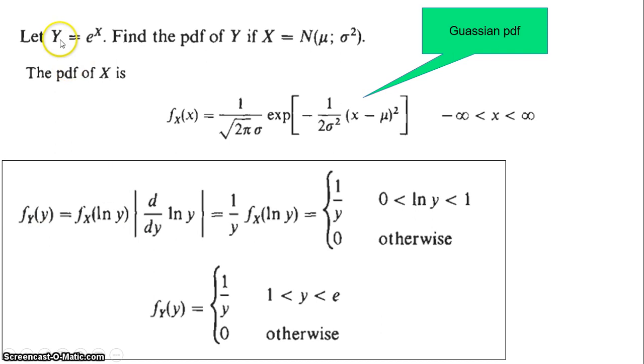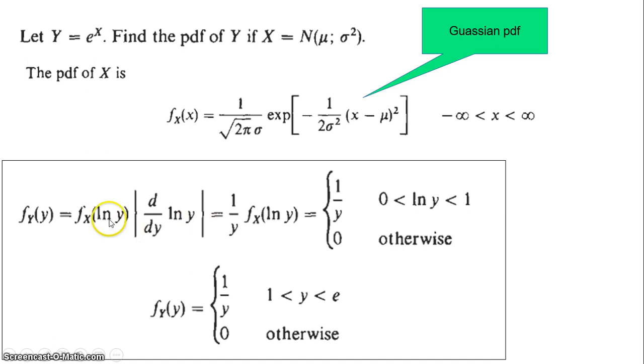So how will you do that? P of e power x less than or equal to small y means x less than or equal to natural logarithm ln of y. So the distribution function is just capital F_X of ln y. If you differentiate that, what is the differentiation of ln y?